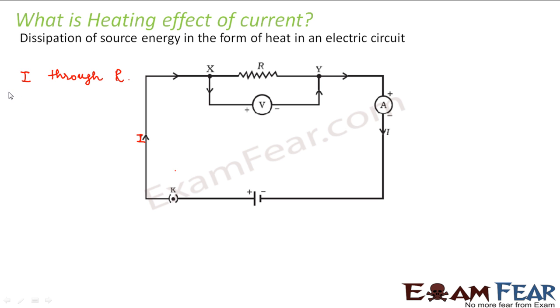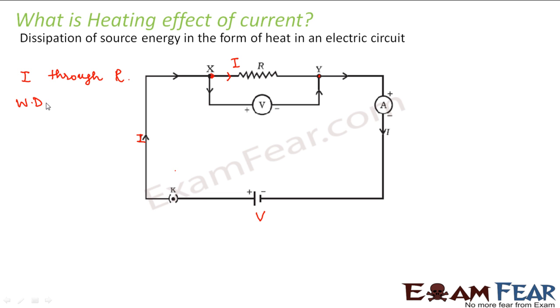Let us say we want the work done in moving a charge Q through a potential difference V. Let us suppose the potential difference provided by this source is V, that is, the potential difference between these 2 points. Right now we are concentrating across this resistor. We say that the current through this resistor is I and the potential difference across this resistor is V. So what is the work done in moving a charge Q through this potential difference V?